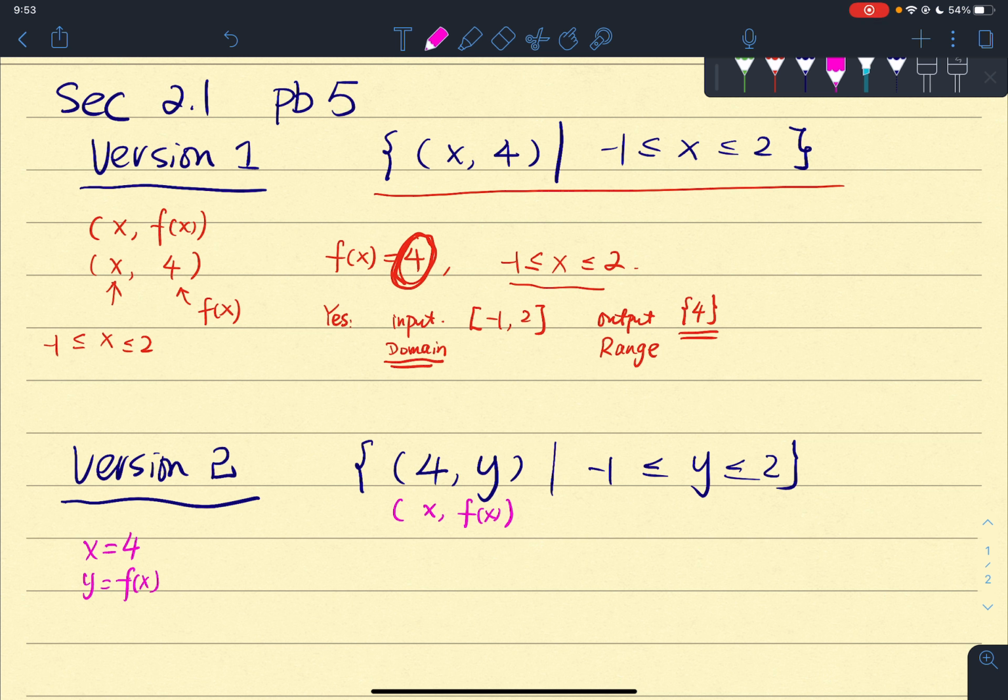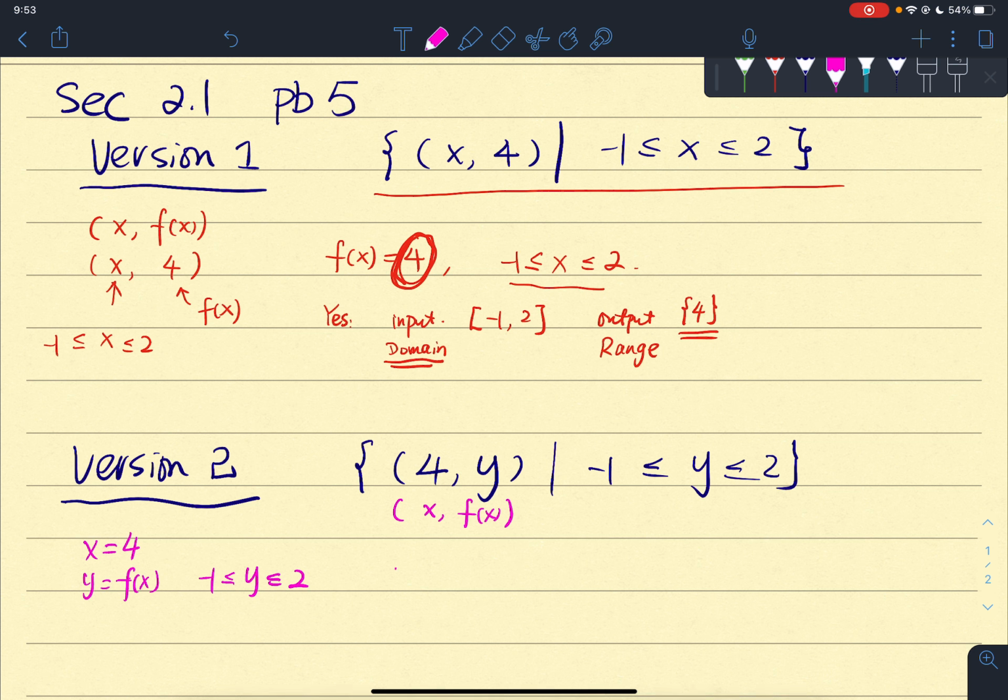So for every single input, and you actually only have one input in this case, 4, your output, your function value y, has a lot of different choices: -1, -0.9, -0.3, 0, 1, 1.52. Any of those numbers would work. So this is no, it's not a function, because you don't have one single output for an input.